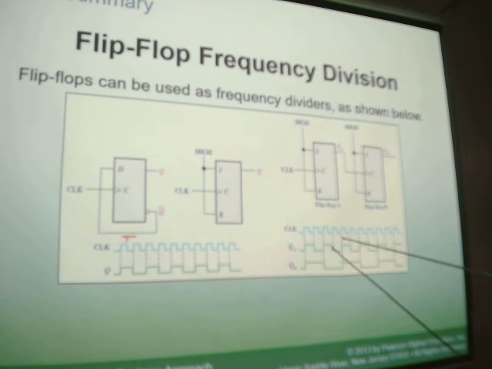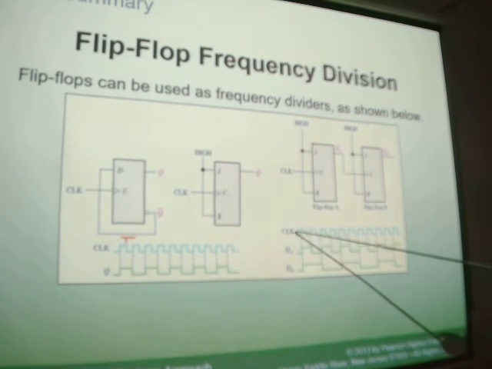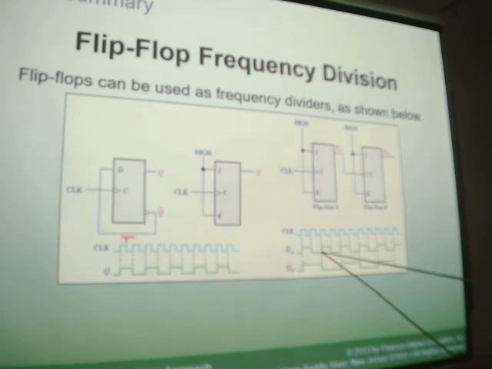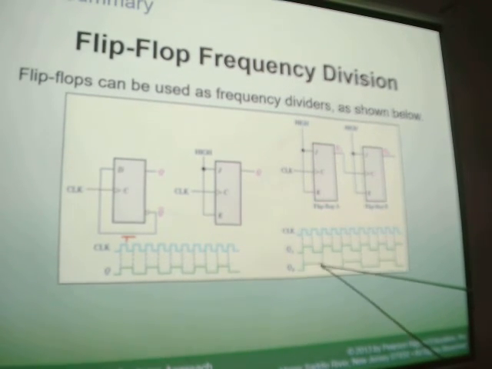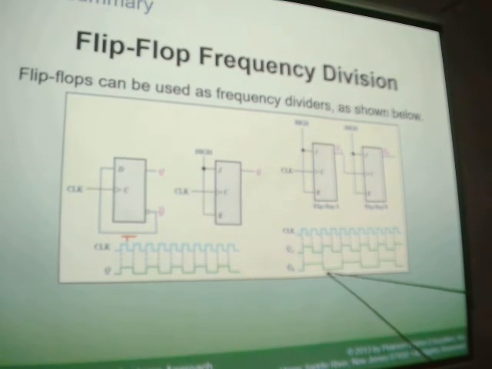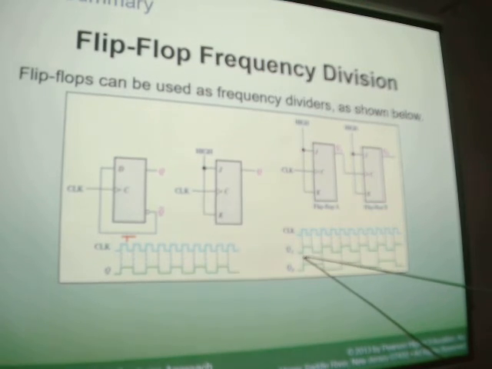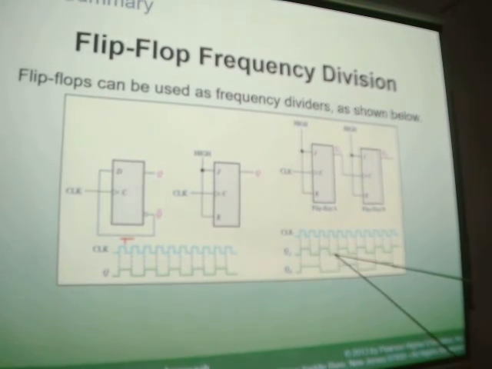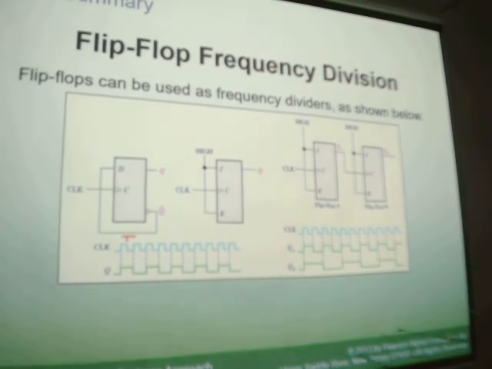So if the period of the clock is T, then the period of QA is 2T and the period of QB is 4T, right? 4T because 2T plus 2T equals 4T.